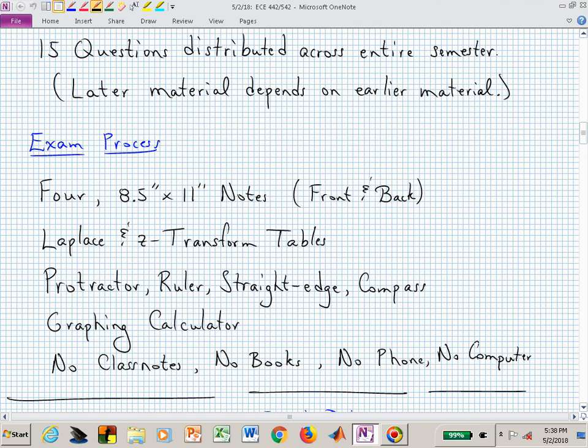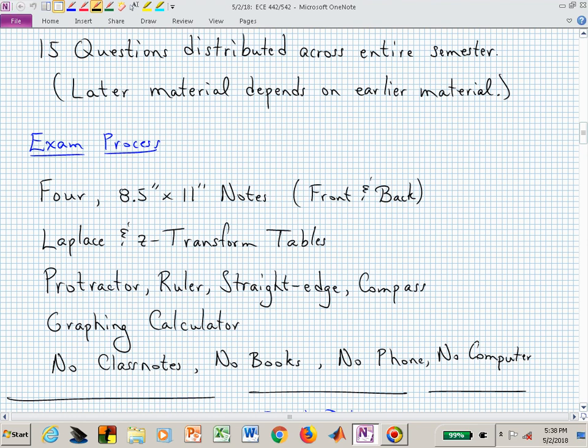Just make sure you don't harm your neighbor if you have a divider or something like that that you're measuring distances with, which you might want to measure distances for what? Maybe settling time, if you want to know what is the exact radius from the origin to that particular pole, dominant pole.